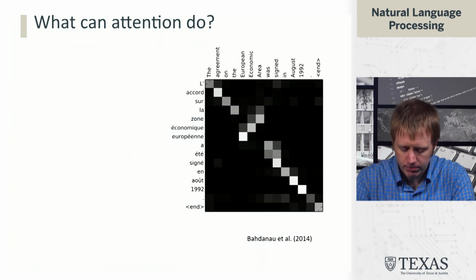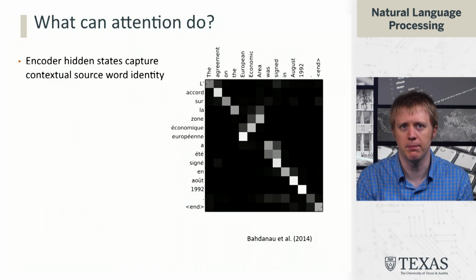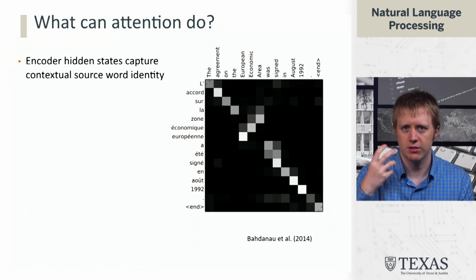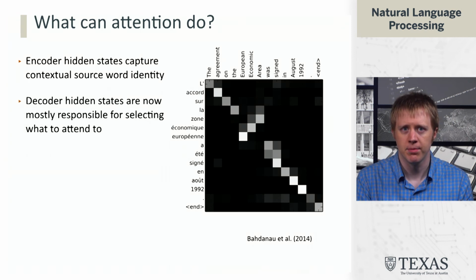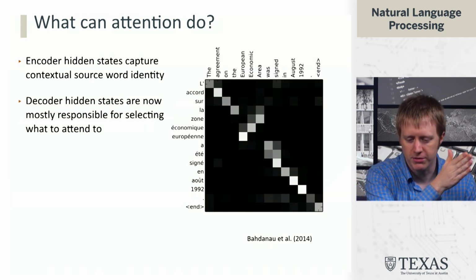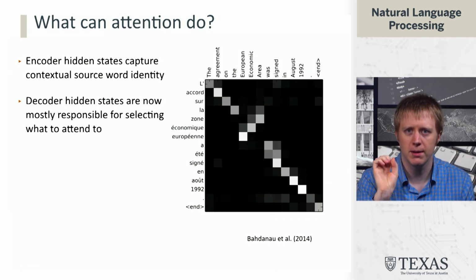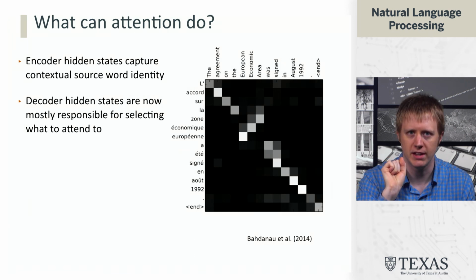So the encoder hidden states are really now capturing something about the identity of that word in the source in context. And the decoder is no longer having to think about, okay, we have to thread all this information all the way through the network. The decoder now is mostly about picking what states to attend to.